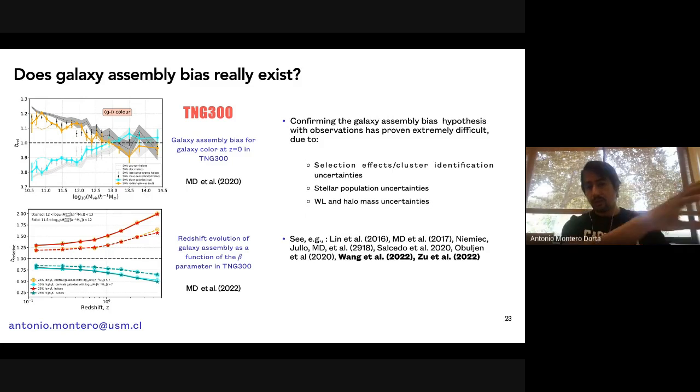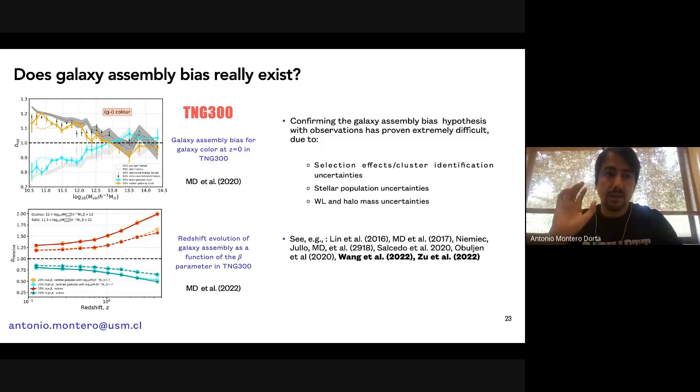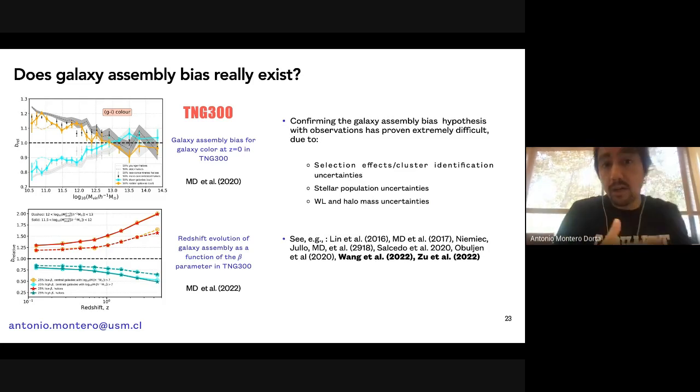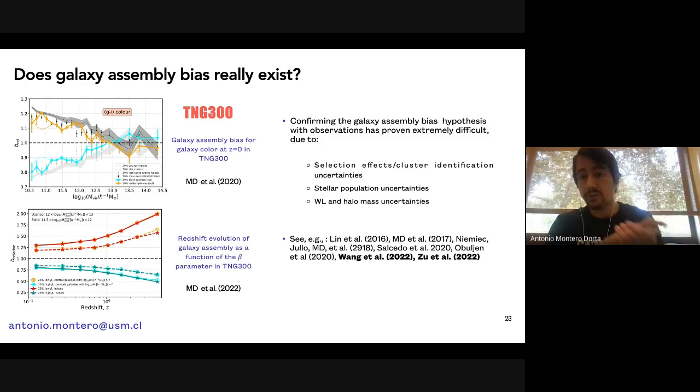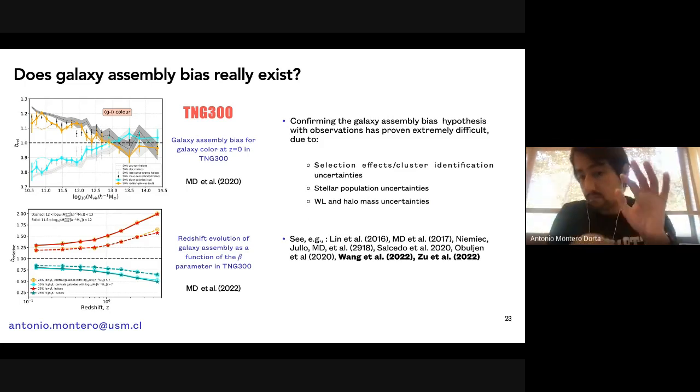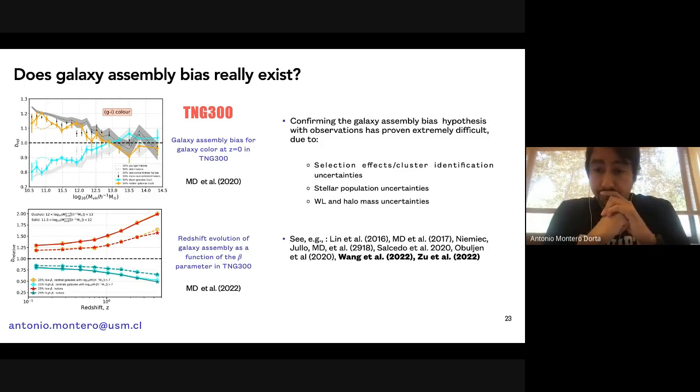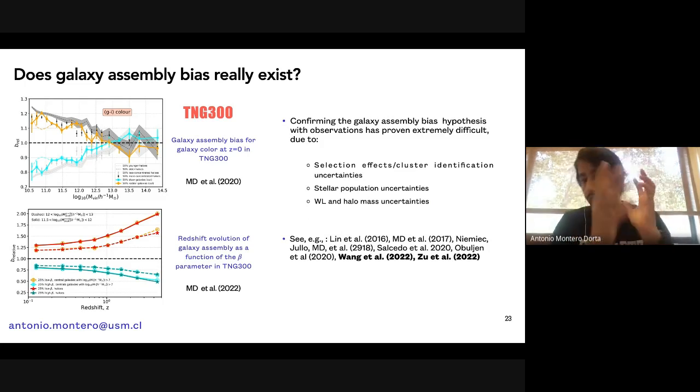Of course, the quest here at the end is to measure galaxy assembly bias or secondary bias in observations. This has been hindered by a number of different uncertainties and selection effects, cluster identification uncertainties, all kinds of stuff.